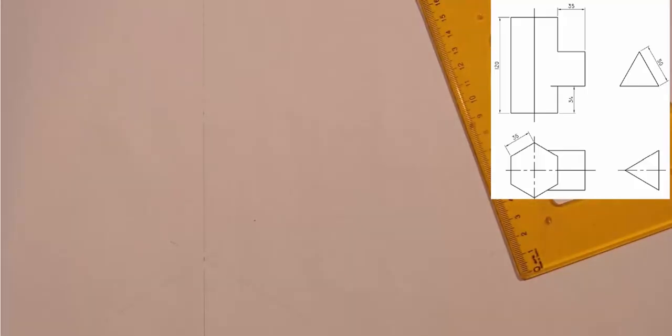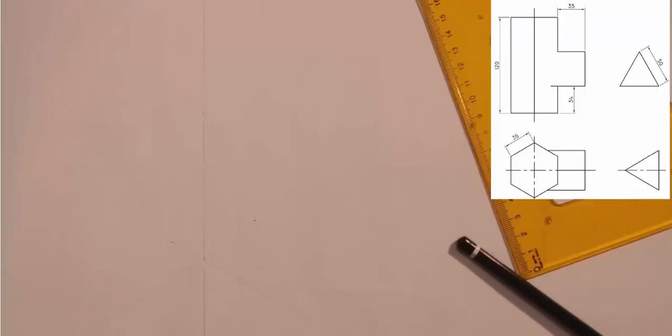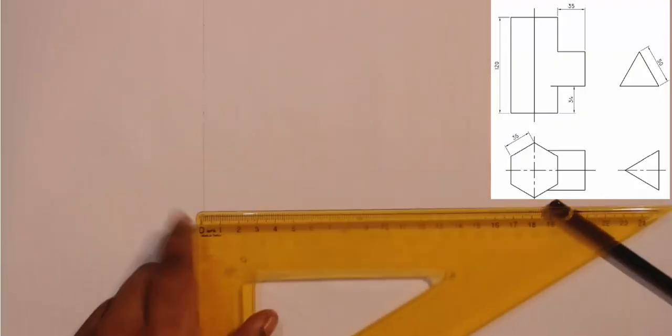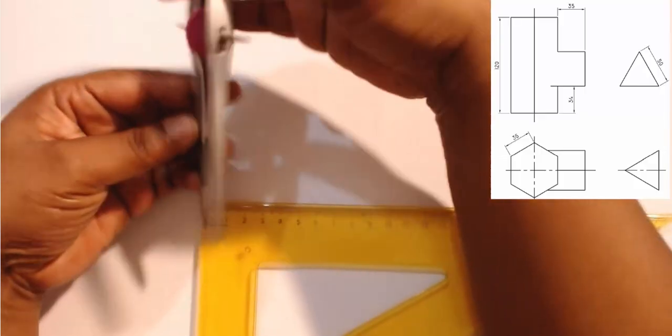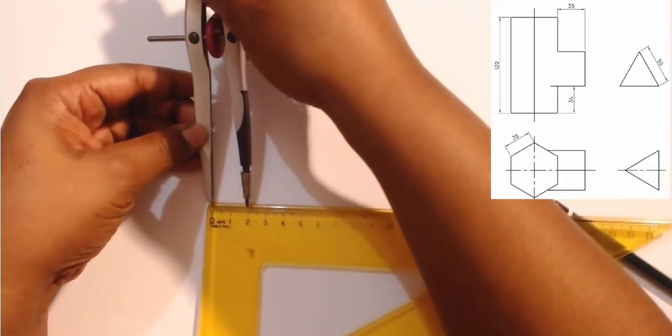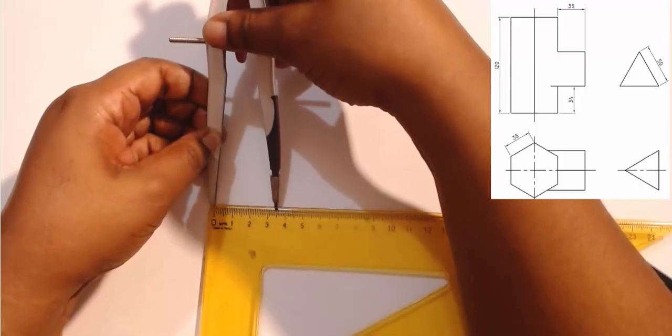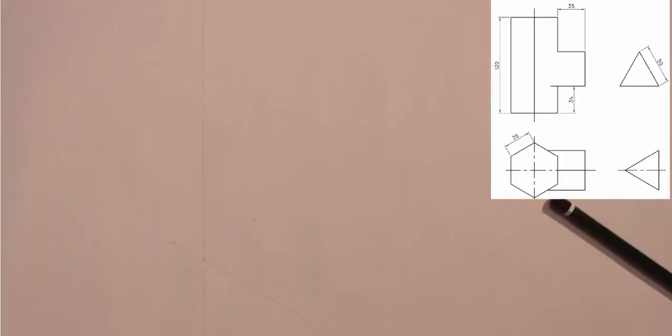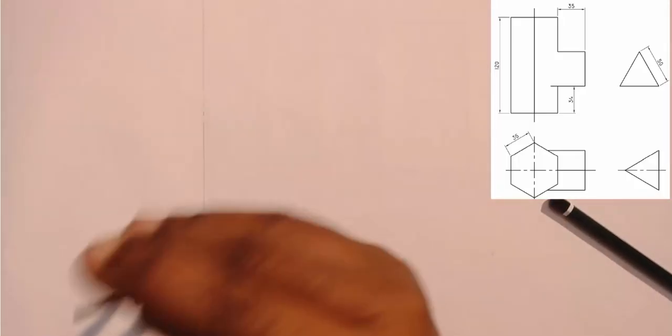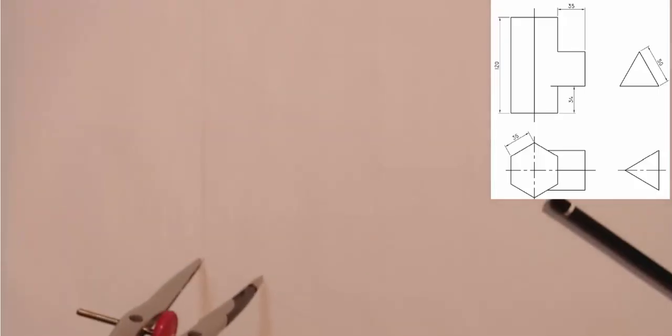Then they are saying the side is 35. So let's measure 35. They're saying the size is 35. So let's measure 35. From here I measure 35. Then from there I measure 35.